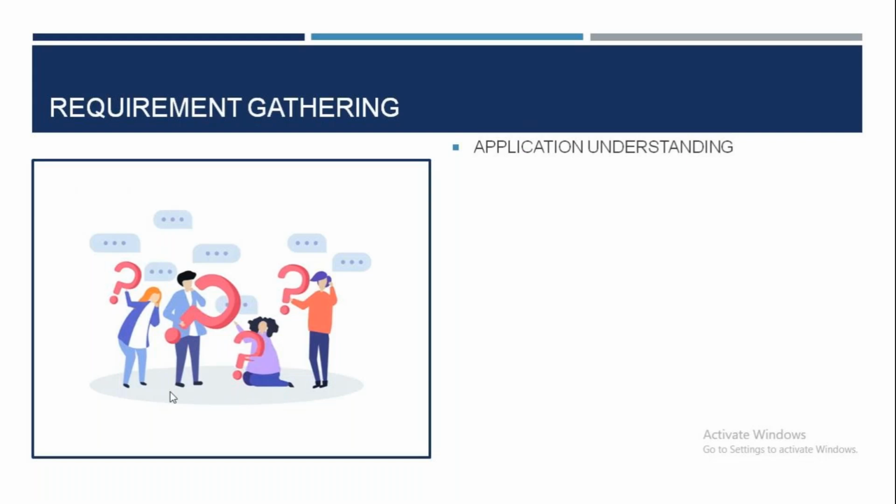So basically, if you are not able to understand, reach out to the different stakeholders like the functional testing team, development team, solution architect, and try to get an application understanding. If you understand the application, you will be able to apply your thought process, your domain understanding.